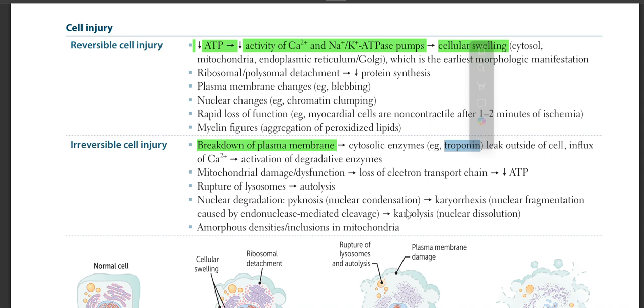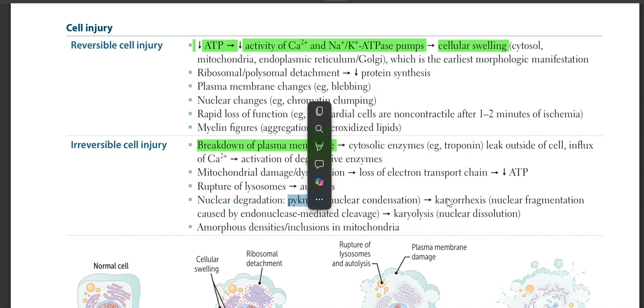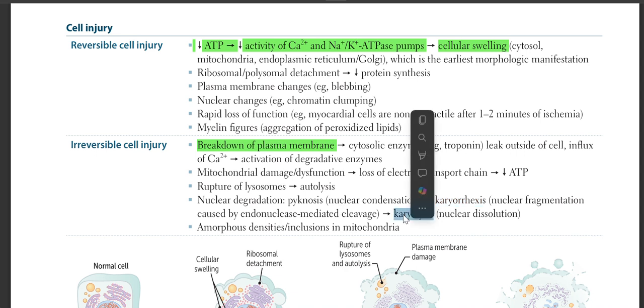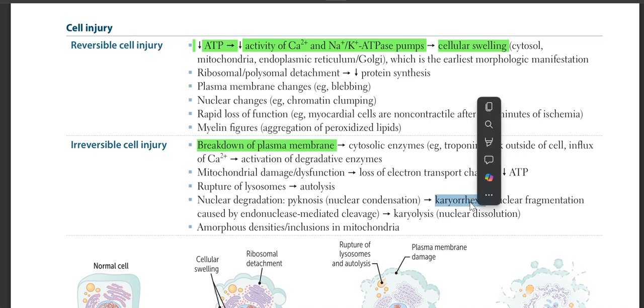Now, finally, we have this part. Nuclear degradation happens in three phases. These are pycnosis, karyorrhexis, and karyolysis. And sadly, you'll have to remember these names. Pycnosis is condensation of the nucleus. Karyorrhexis is fragmentation, so it breaks up into smaller parts.